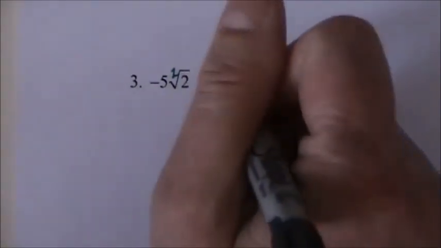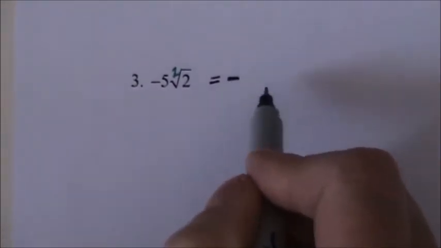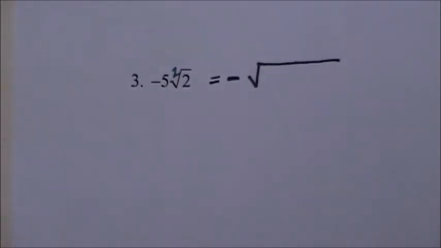Well, negative and positive isn't the same, and we can't just put one negative underneath because we can't square root a negative number. So we're going to leave that negative sign out front, and the rest continues as in the previous examples.